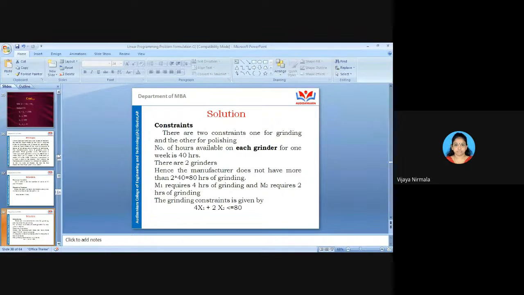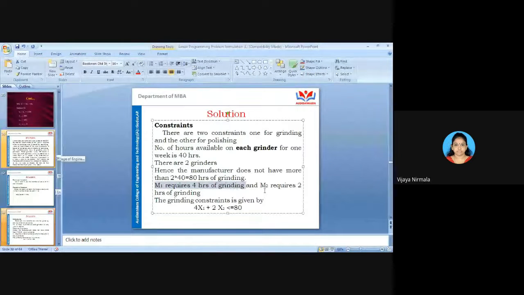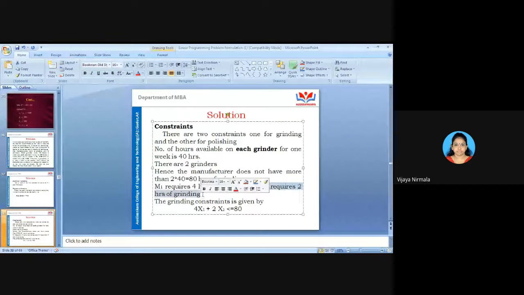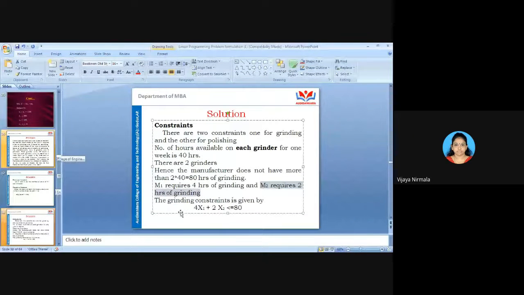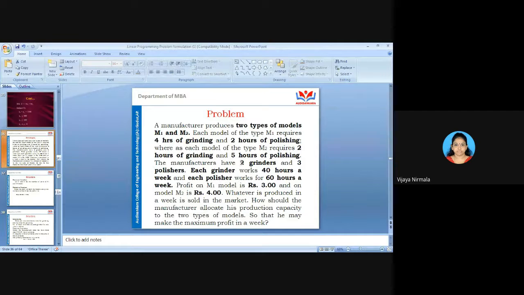In the problem they have given that M1 requires 4 hours of grinding and M2 requires 2 hours of grinding. In each model, M1 requires 4 hours of grinding and 2 hours of polishing.